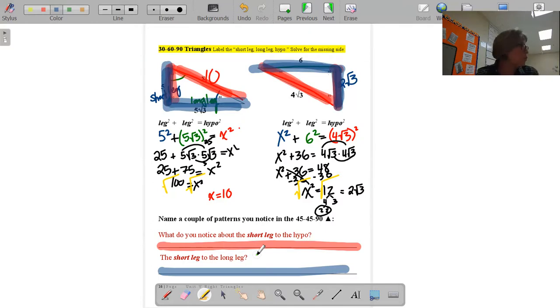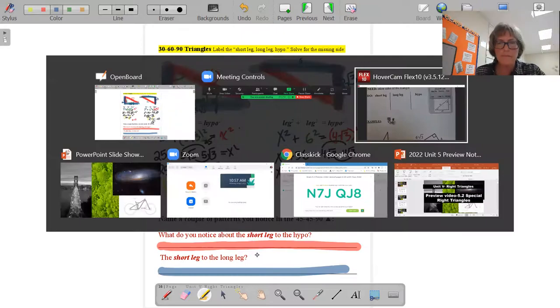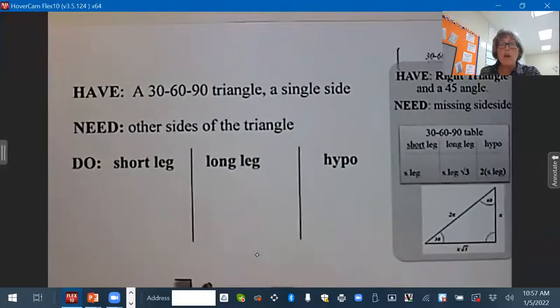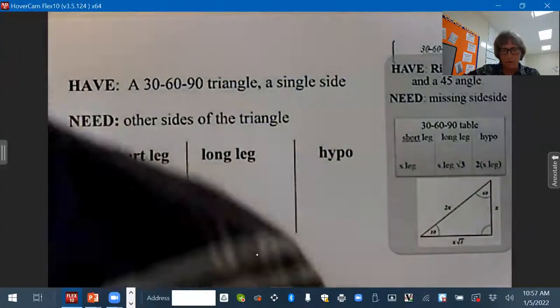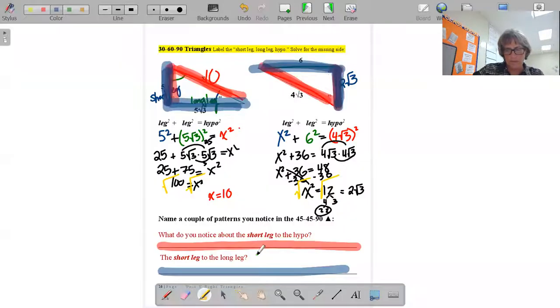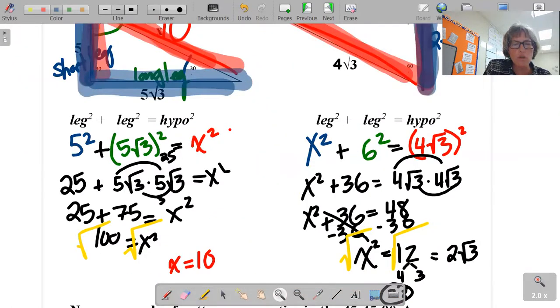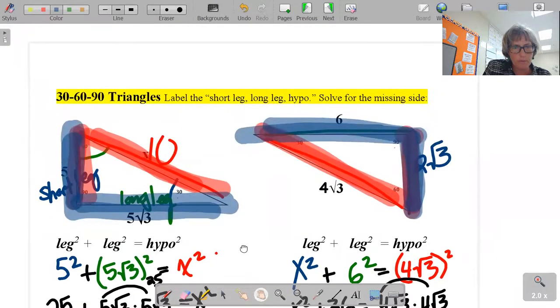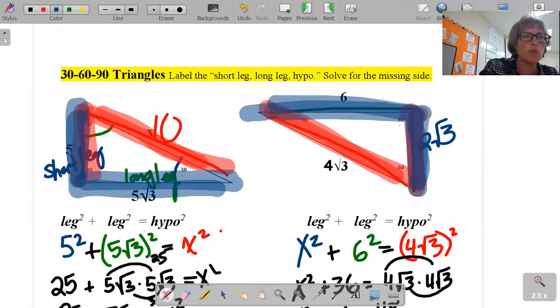Let's see if you correctly spotted the patterns. In a 30, 60, 90 triangle, here are the 2 patterns you should have noticed. 1, from the short leg to the hypo, you simply times by 2. 5, 10.